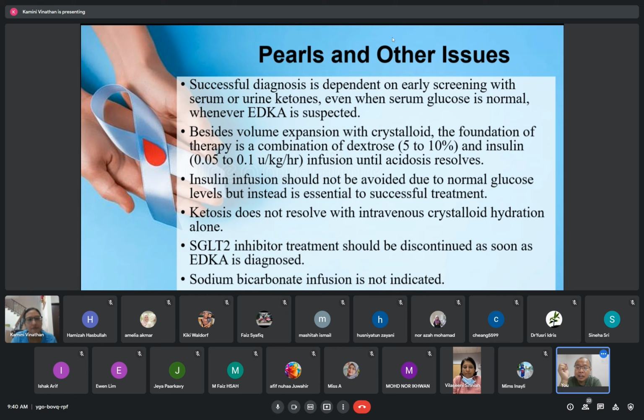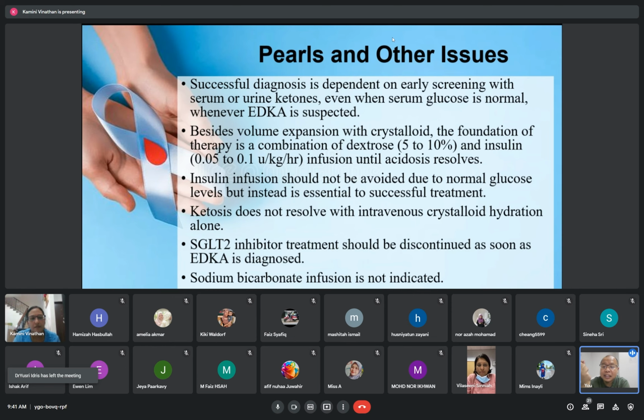If this patient has unexplained high anion gap metabolic acidosis and presence of urine ketones, you need to consider euglycemic DKA, especially if the acidosis does not improve with fluid resuscitation. Because usually we give 1 liter or 2 liters, and if the acidosis does not budge at all, then you really need to consider euglycemic DKA.